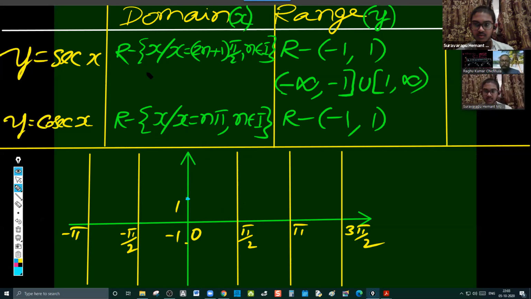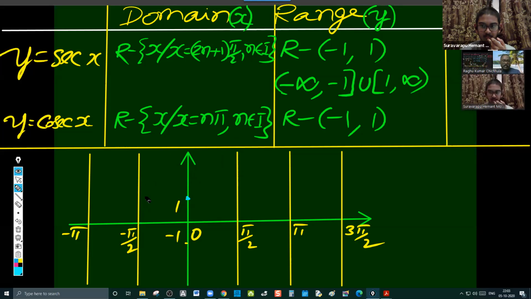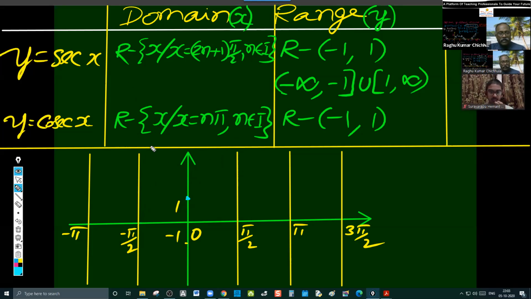So secant 0 is 1. That means it starts at 1. What is secant pi by 2? 1 by cos pi by 2, that's 1 by 0. Similarly, what is secant of minus pi by 2? Also the same. So what happens now? It will come like a bowl above 1.